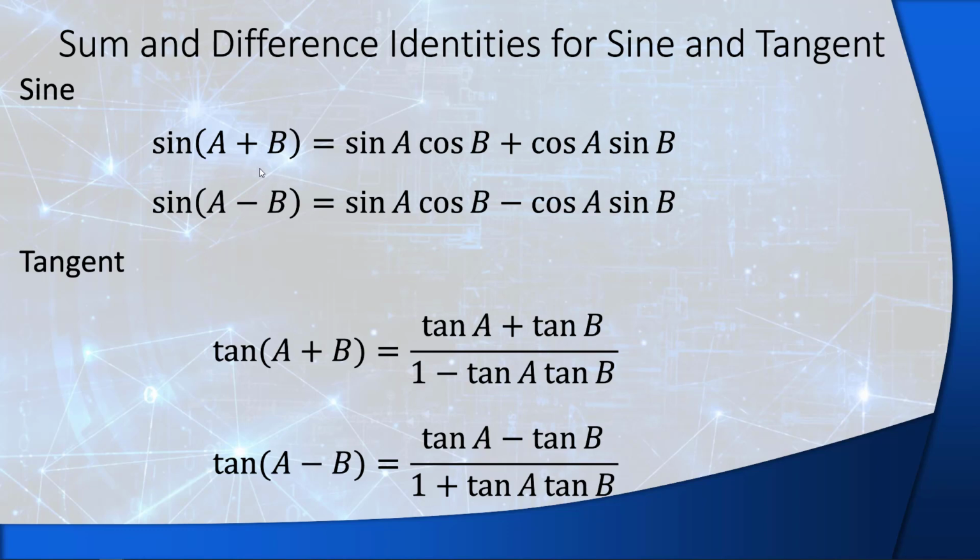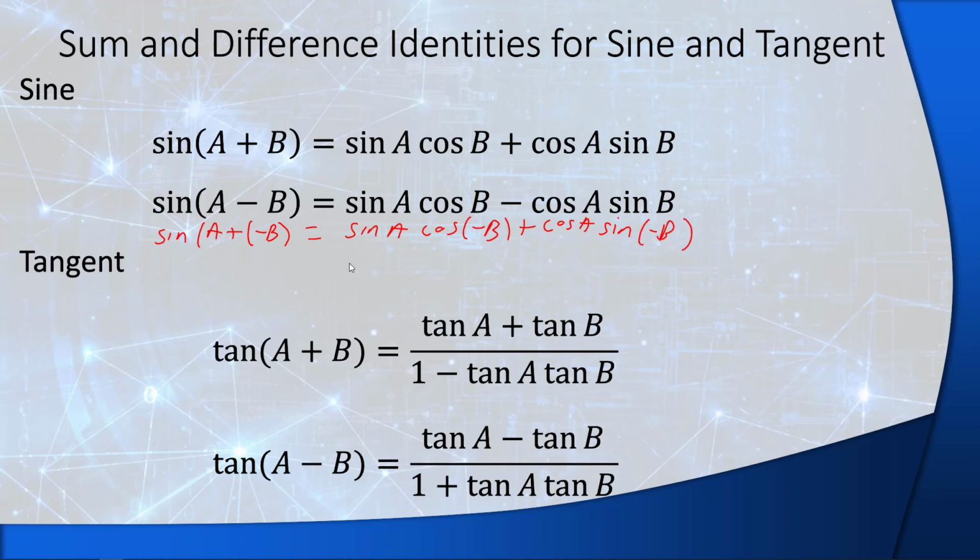Of course, the one thing that you can notice is that if you start off with the sine of a plus b, which is sine a cosine b plus cosine a sine b, then sine a minus b we can write as the sine of a plus negative b, and of course that will give us sine a times cosine of negative b plus cosine of a times sine of negative b.